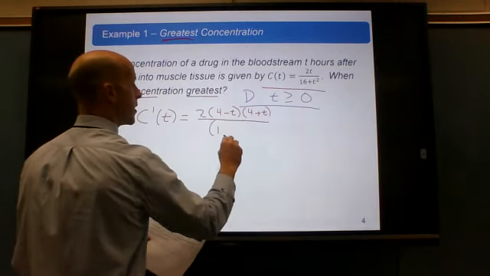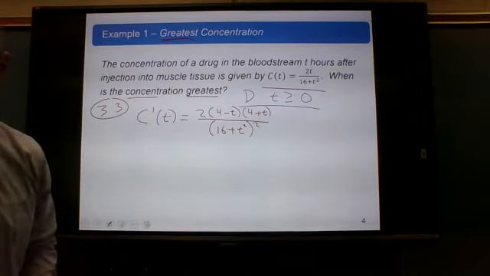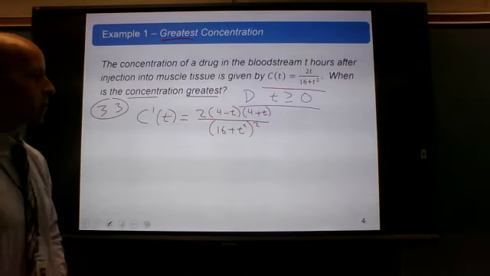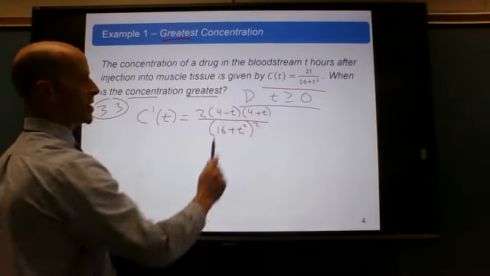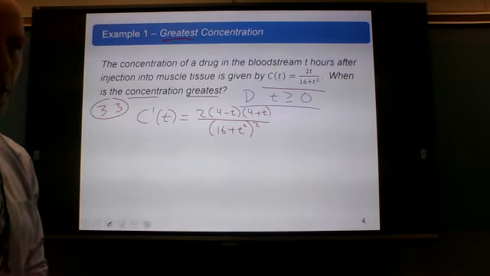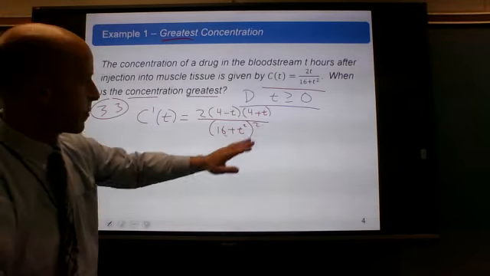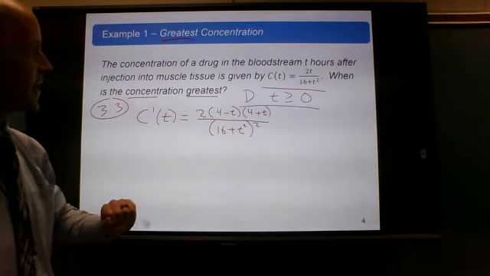The denominator should look pretty familiar, as you would expect, since it's low d high minus high d low over low low. So there's that low squared. The numerator, though, definitely had some things that needed to be multiplied together and factored. Obviously, it looks like we have a perfect square. So this is the derivative of the function C.